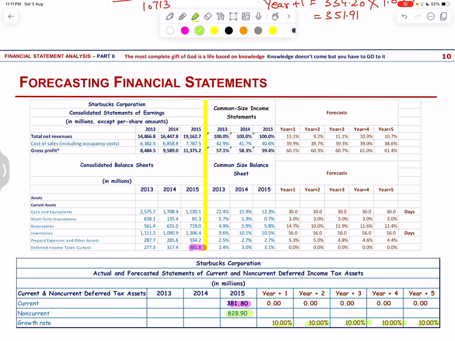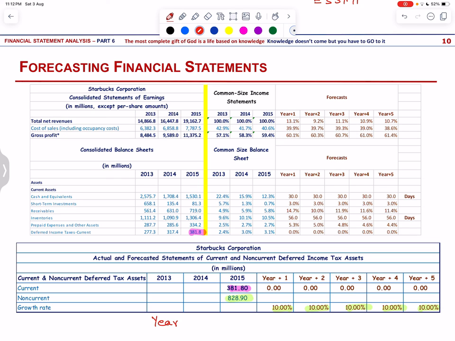So the projected non-current deferred income tax assets for year number 1 will be 828.90 times 90%, because it will decline by 10%, that is 746.01, and for year number 2 it is 671.41, 604.27, 543.84, and 489.46.